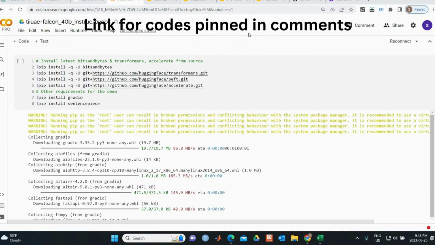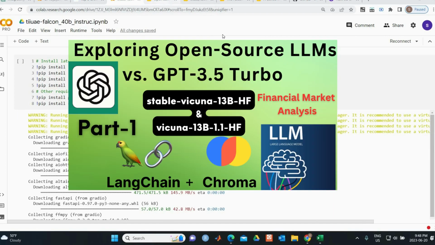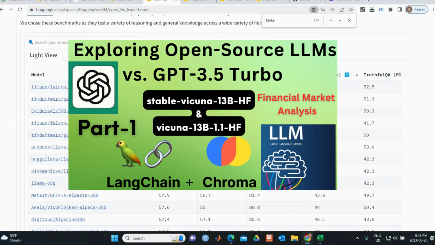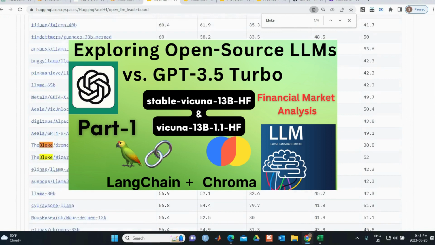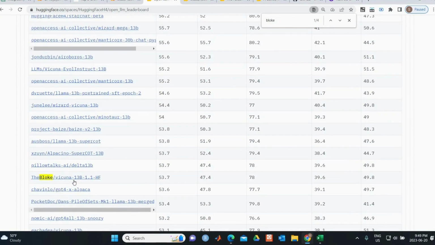This is part 2 of the series comparing open source large language models with OpenAI GPT 3.5 Turbo. In part 1, we compared StableVicuna and Vicuna-13B-1.1 HF, which is at the 35th place, with GPT 3.5, and we found that StableVicuna performed better than Vicuna-13B-1.1 HF.